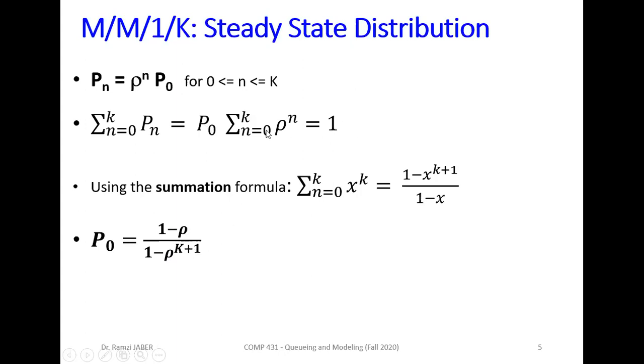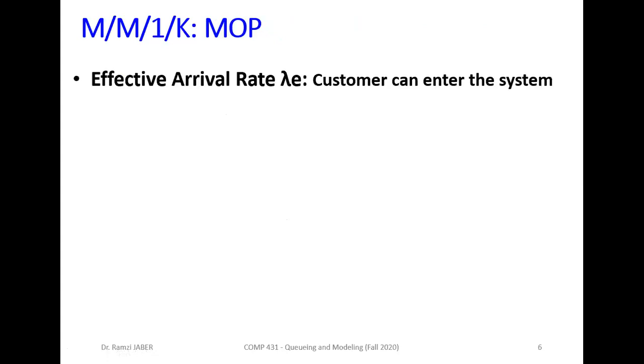This is different than MM1, because in MM1 we have the summation of Pn from n equal 0 to infinity. Okay, so what are the performance measures in this system or model?